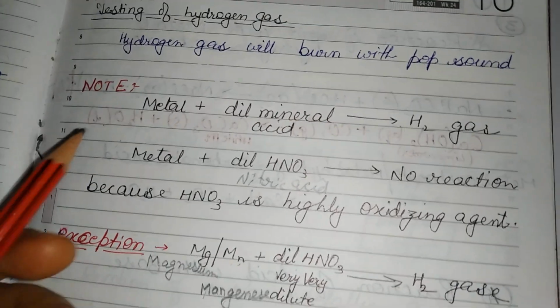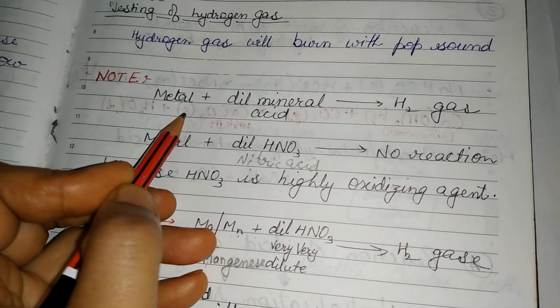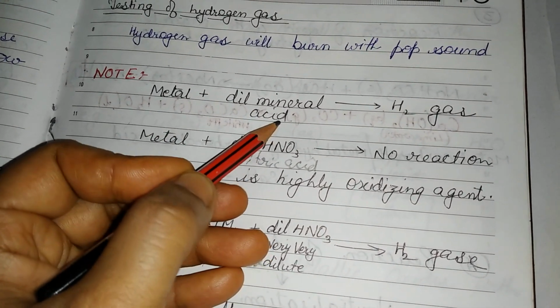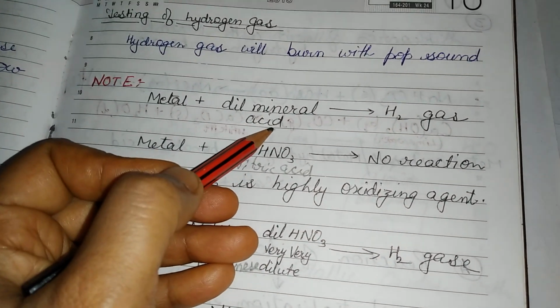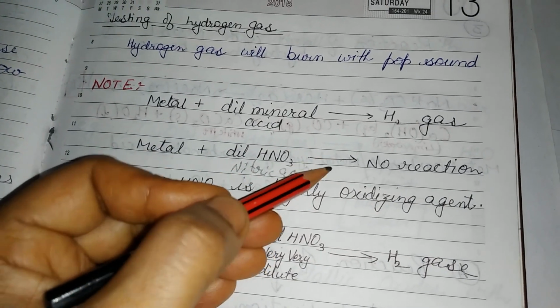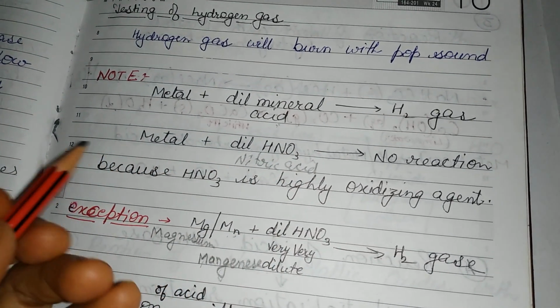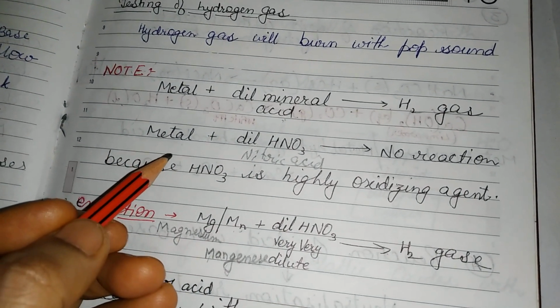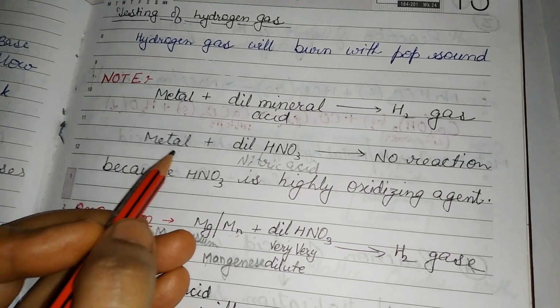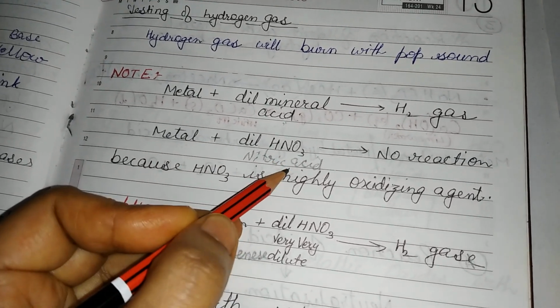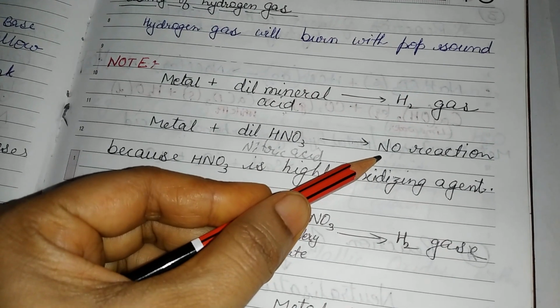Now here one thing to note: when metal is added to dilute mineral acid, it gives H2 gas, but one exception is there: when metal is added to dilute nitric acid, there will be no reaction.